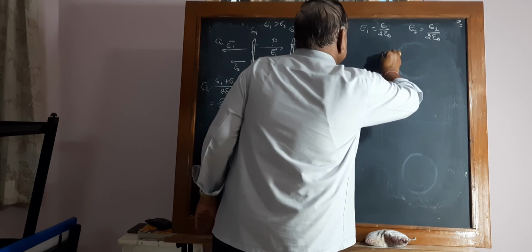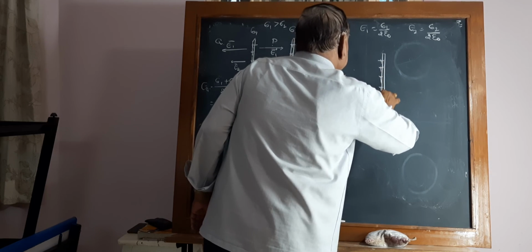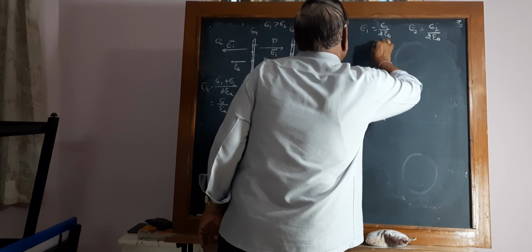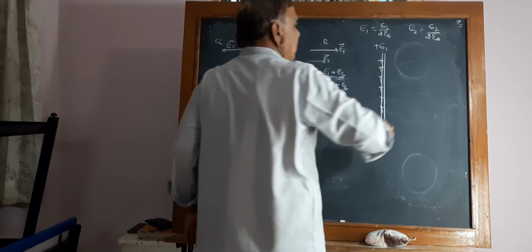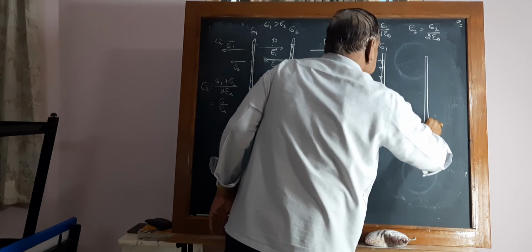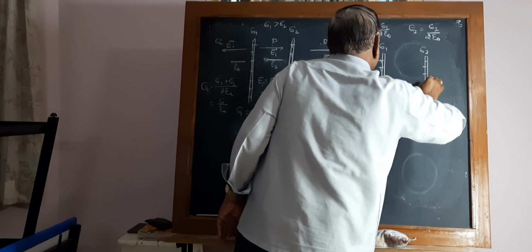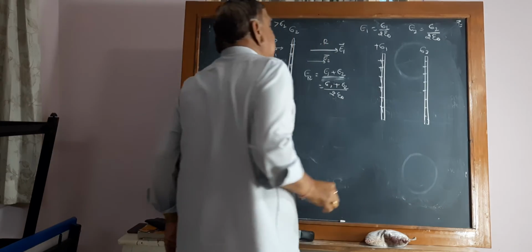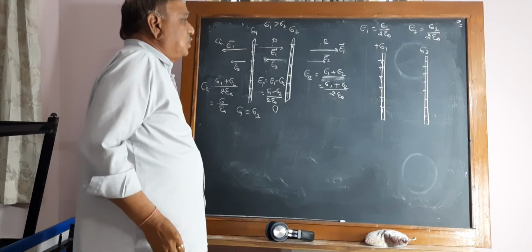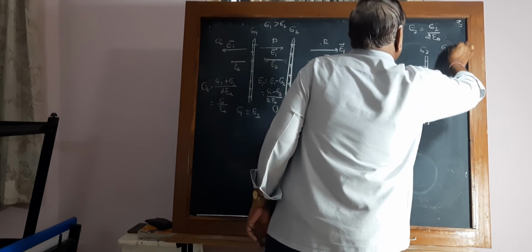See the other case. Suppose the first plate is positive, sigma 1 positive. Sigma 2 is negative. Also, sigma 1 is greater than sigma 2.